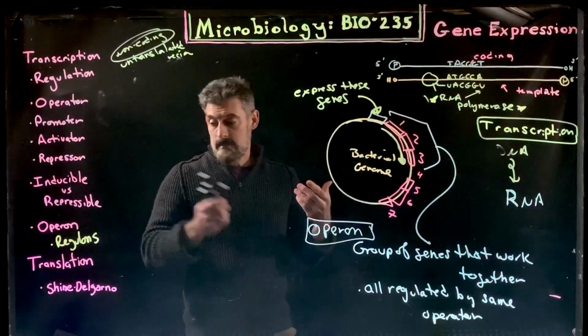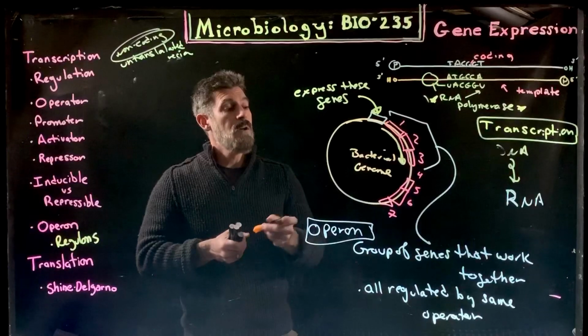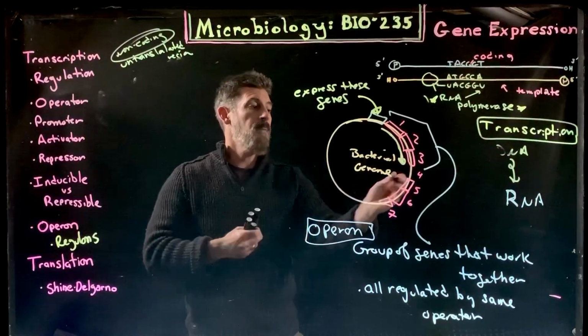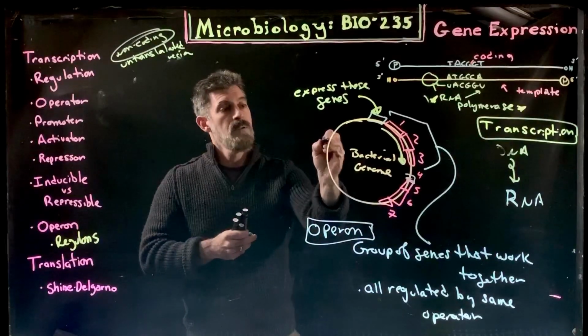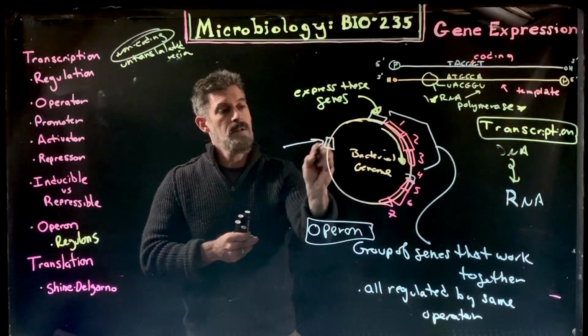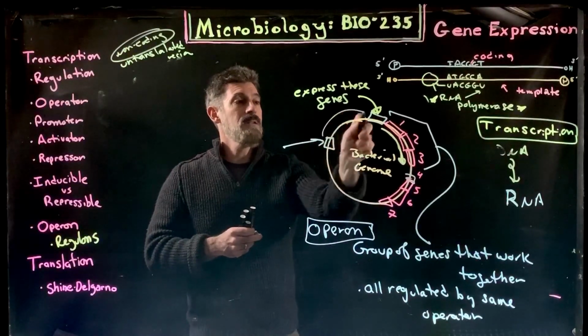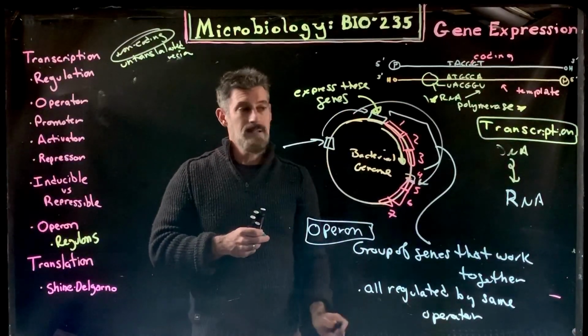There are these regulons, which are codes that will then affect numerous operons all at once. So there may be a gene over here, and by activating that particular gene, there are signals sent to both of these at the same time.